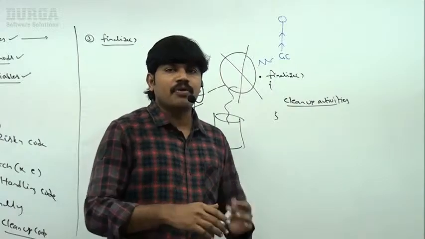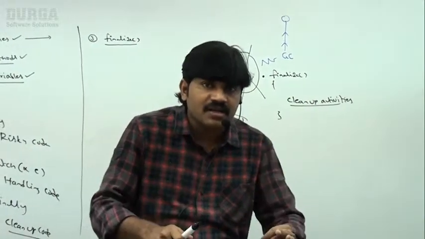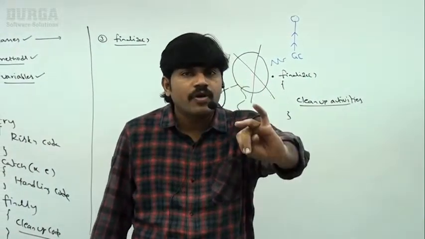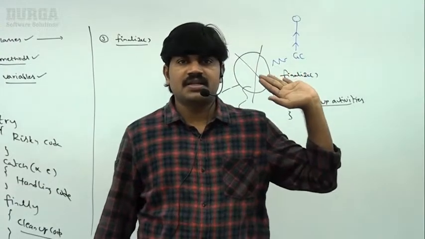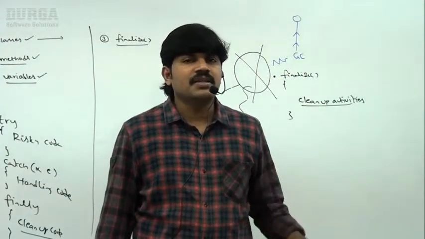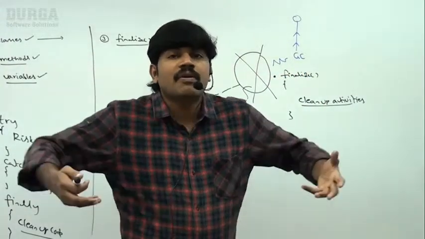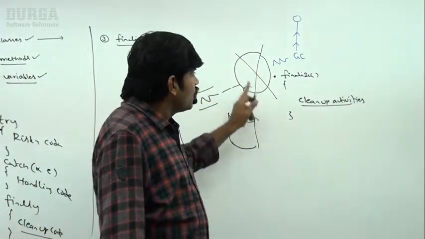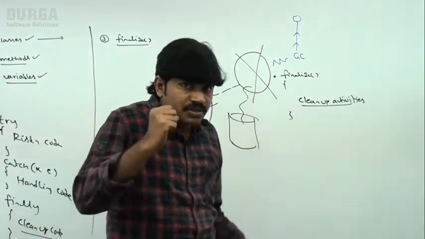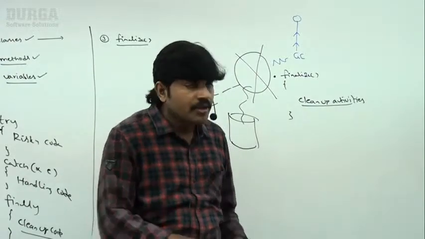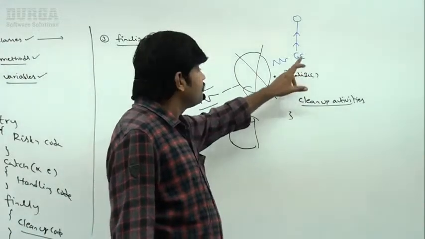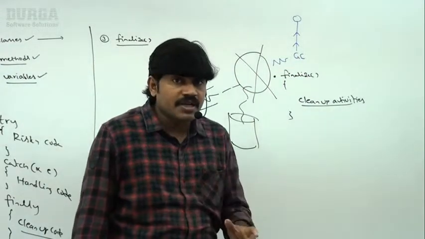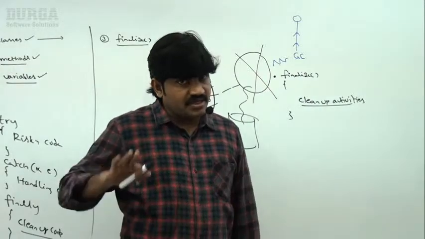Just before destroying an object, the garbage collector calls the finalize method to perform cleanup activities. Is it clear for all of you? So if any person asks what is the purpose of the finalize method, the garbage collector will call the finalize method to perform cleanup activities just before destroying an object. Once the finalize method is completed, immediately the garbage collector will destroy this object.